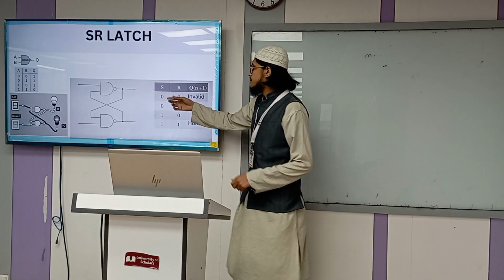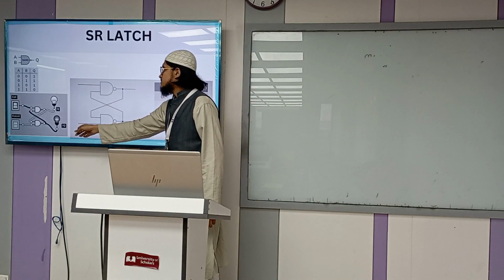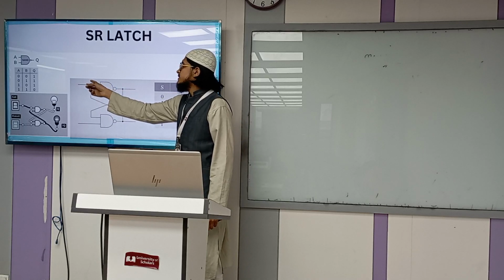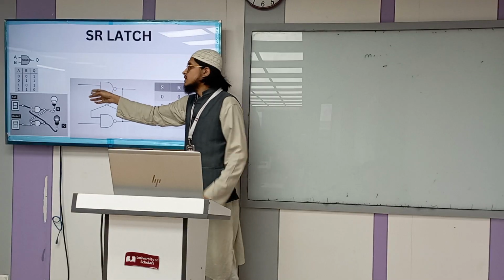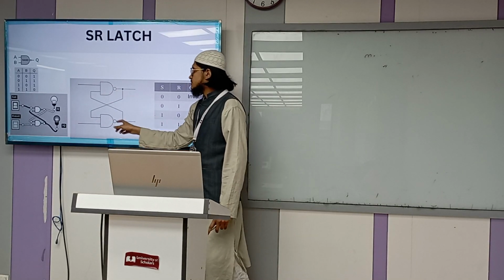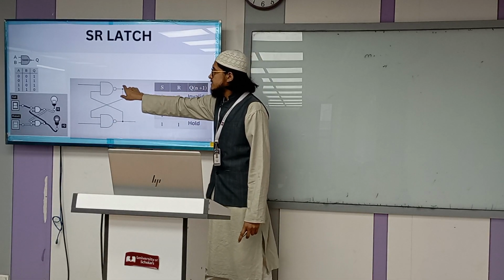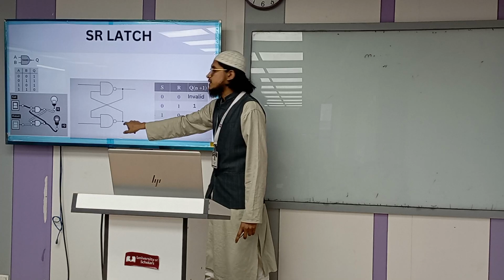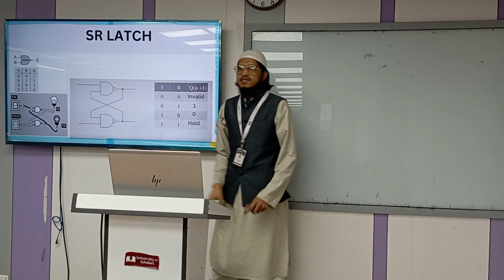And if we apply 0 on both sides, let's assume here is 0 and here is 0. We know if a NAND gate gets 0, it doesn't need to check the other input, so it gives 1, and it will feed back. But we are saying that here is Q and here is Q prime, so both cannot be the same.